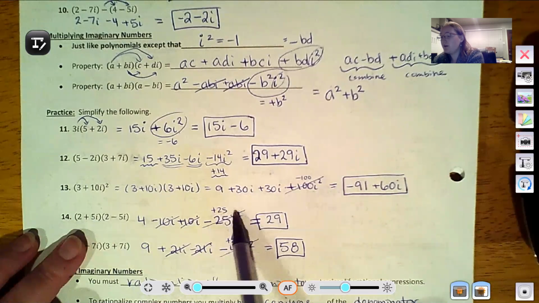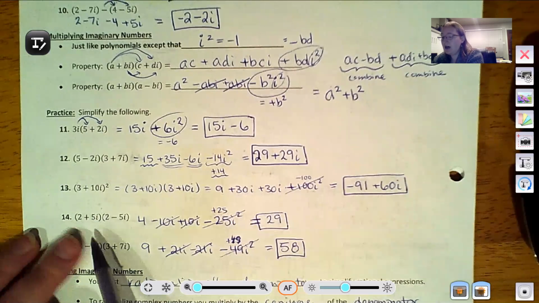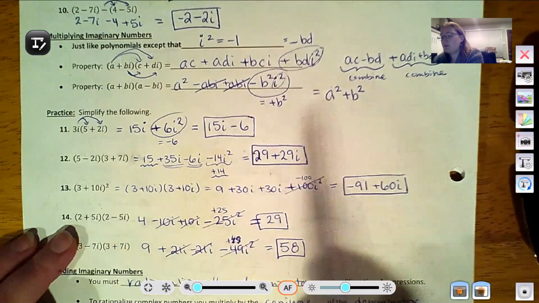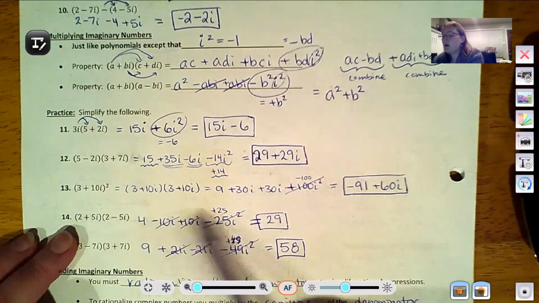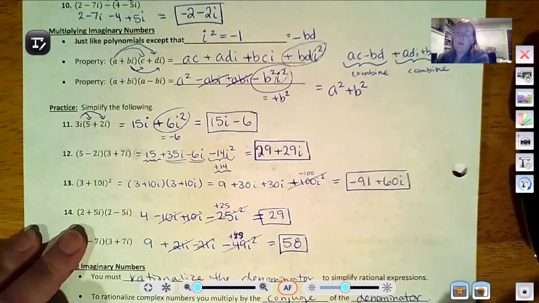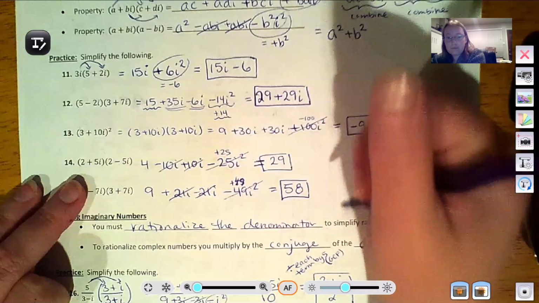So now we have 4 and 25 is 29. It gives you a nice integer. When you multiply conjugates, you get a nice integer. And that's going to be helpful on the next section here as well.